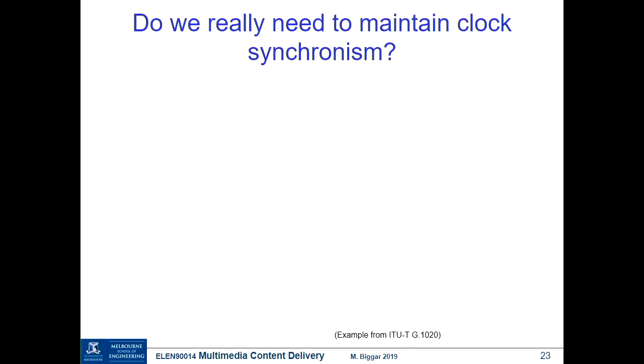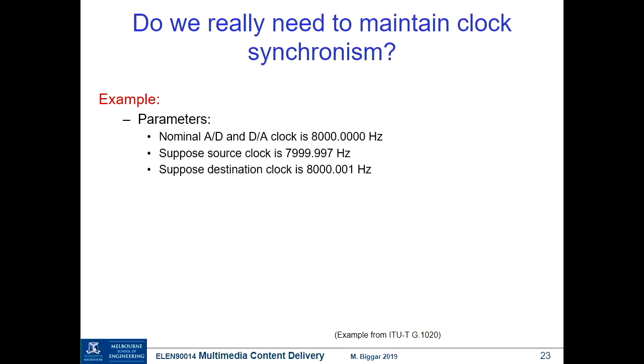I mentioned that we should consider how important this is, because we do have crystal oscillators that are reasonably stable. So here are a few numbers. Typical crystal oscillators, according to my information, should be within about 1 part in a million of one another.